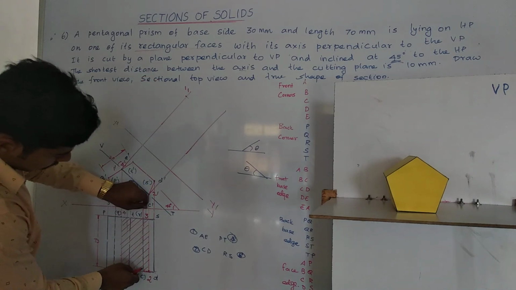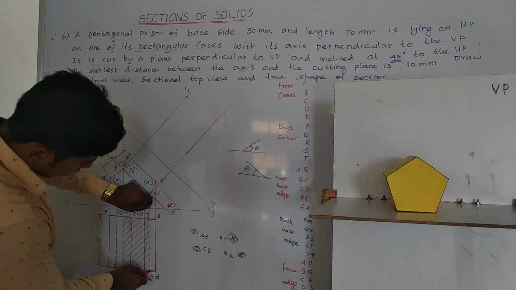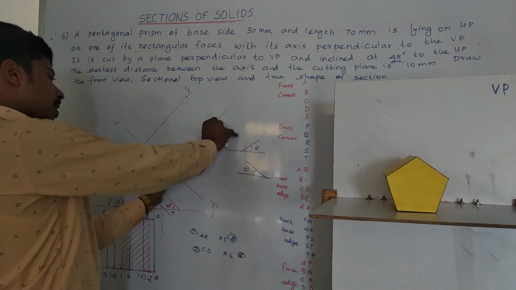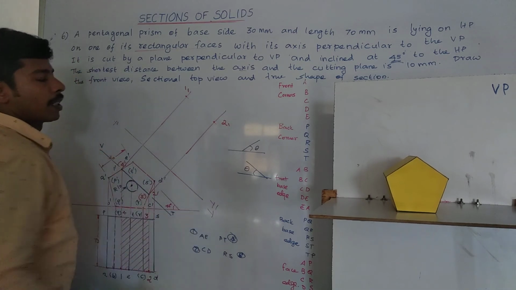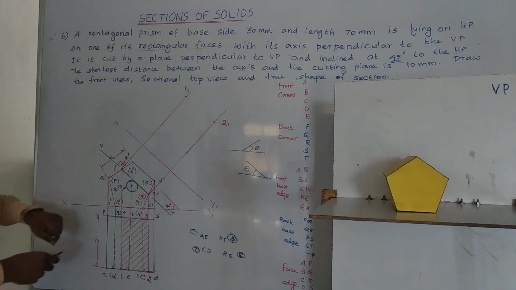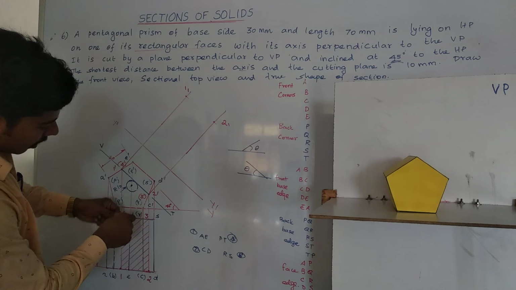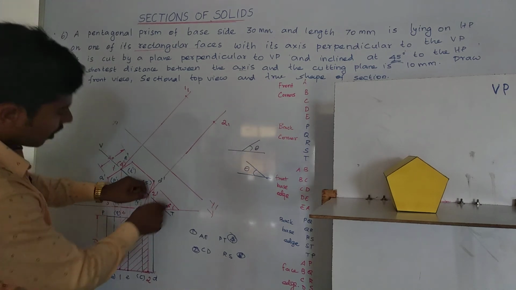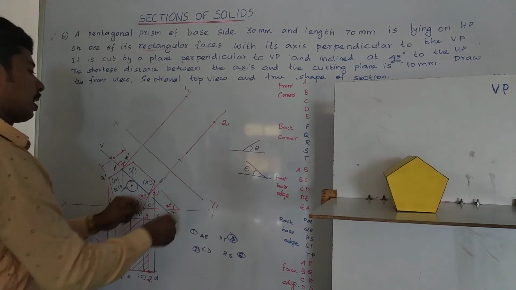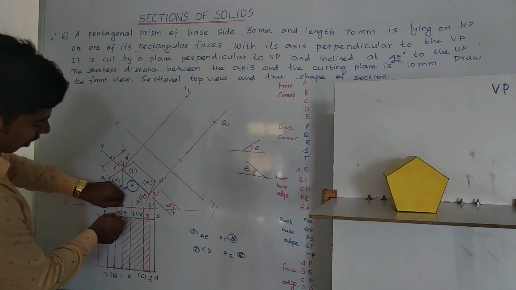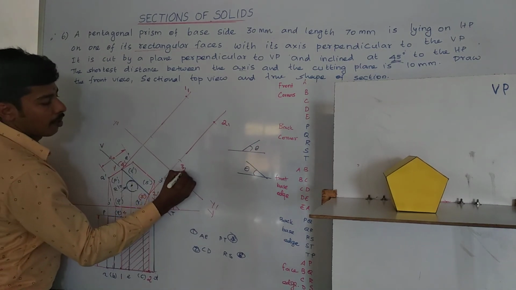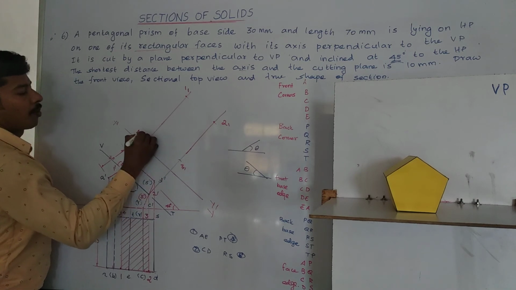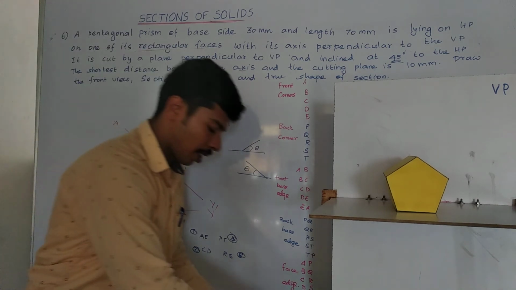Similarly 2, the distance is this, then from the new reference line I mark this. This is 2 dash. Then 3, this distance. From the new reference line, 4 also the same. So we got 3 dash and 4 dash.